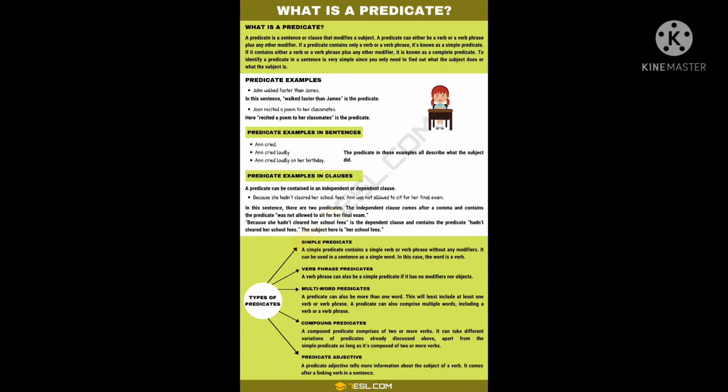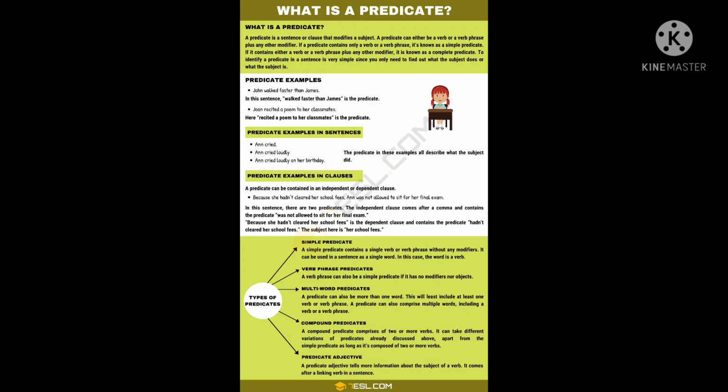Let's take the same sentence from before: the cat is sleeping in the sun. The clause sleeping in the sun is the predicate. It's dictating what the cat is doing. The predicate is an action word. The predicate is the rest of a sentence that modifies a subject, or it shows what a subject is doing.